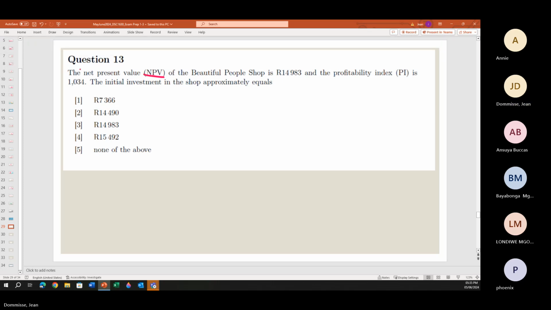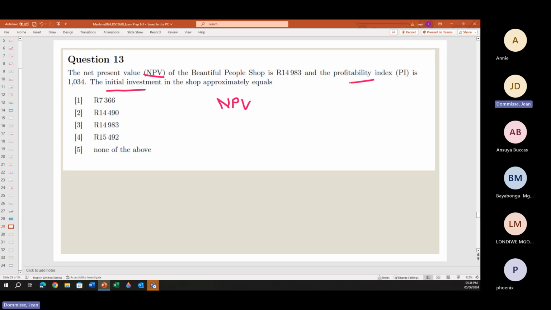Here we look at the net present value of Beautiful People Shop, and it seems very similar to a question we handled nearly 2 or 3 weeks ago, where they tell you the net present value, they tell you what the profitability index is, and they ask you to work out the initial payment. Okay, so let's first look at what the formula is.